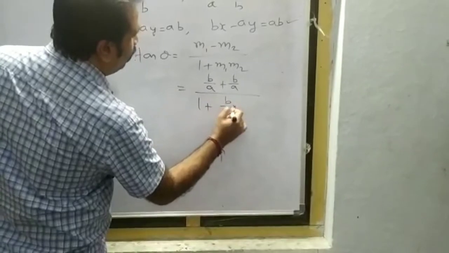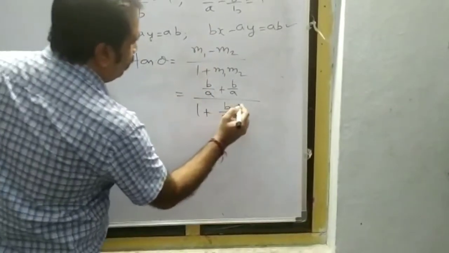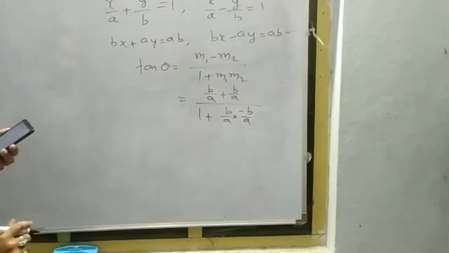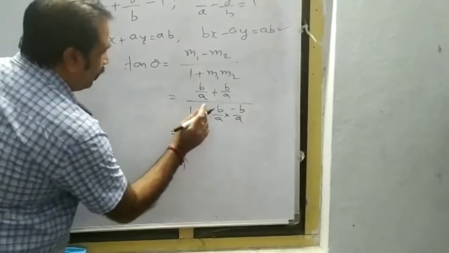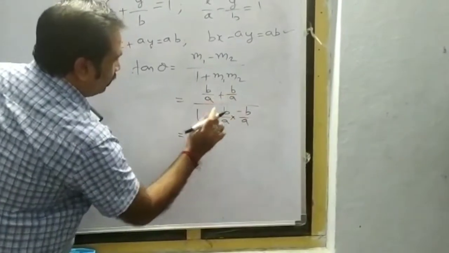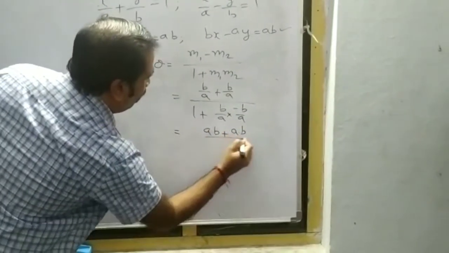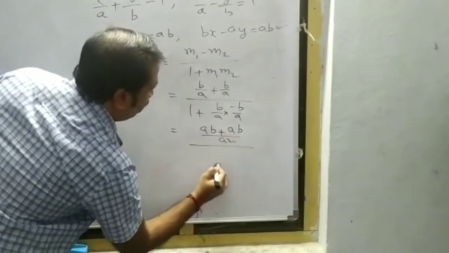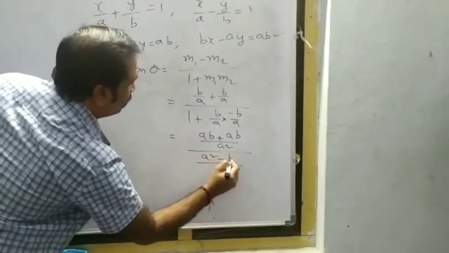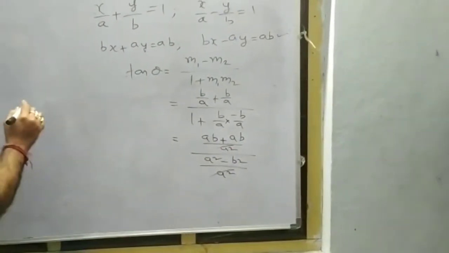b by a into m2, and m2 is minus b by a, right? What happened now? This one, LCM. What is your LCM? a square is the LCM. What do you get? ab plus ab by a square, divided by a square minus b square, a square is the LCM. a square cancels. What do you get now?